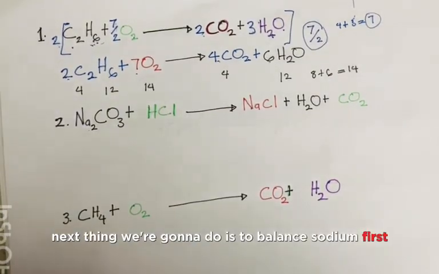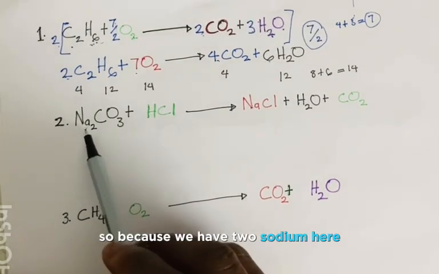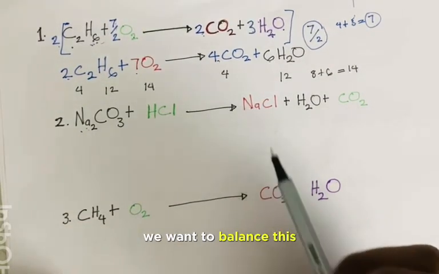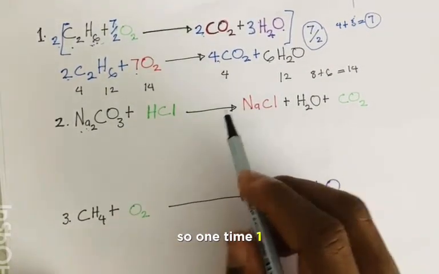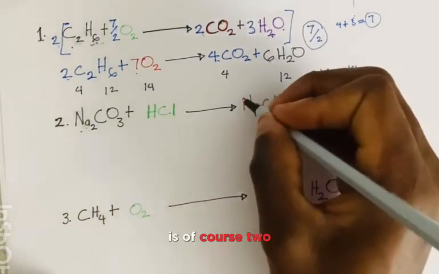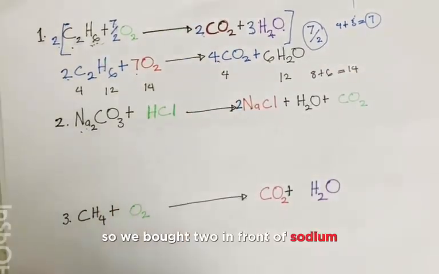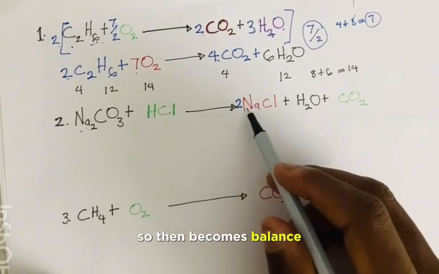The next thing we're going to do is to balance sodium first. Because we have 2 sodium here, we want to balance this. So 1 times what number gives us 2? It's of course 2. So we put 2 in front of NaCl, and sodium becomes balanced.